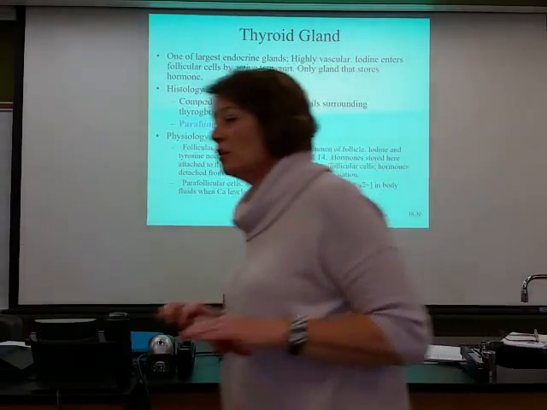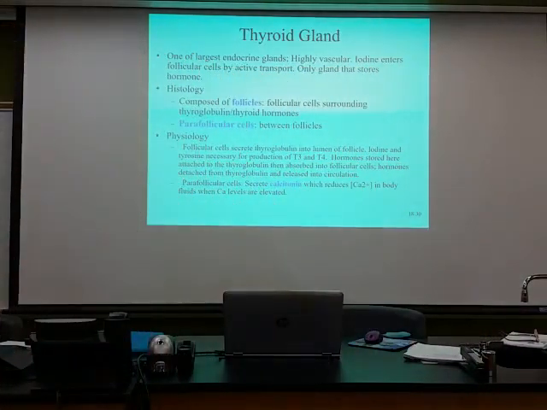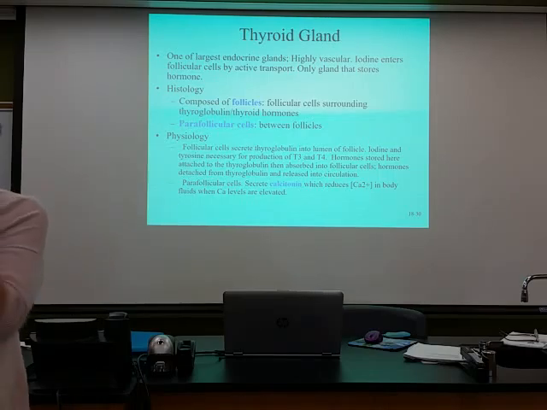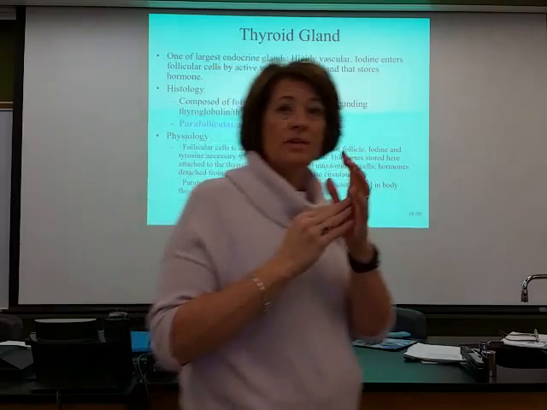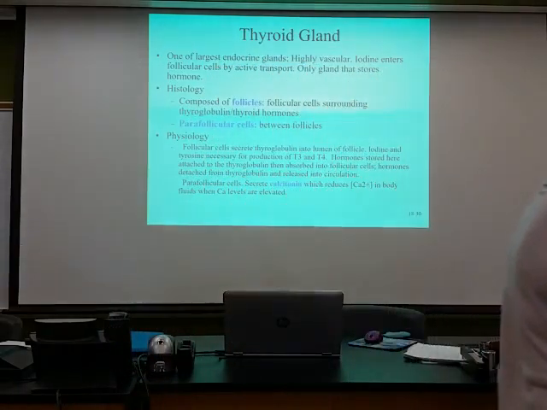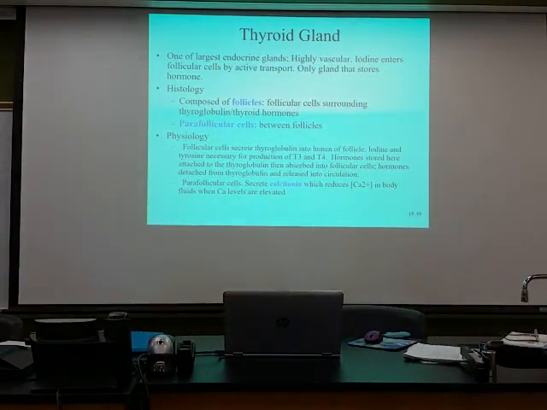About that cellular makeup, in the thyroid gland we have follicular cells, meaning that in the follicles, the circles, there are going to be cells. And then we mentioned the parafollicular cells, the ones that are in between the follicles, and the materials that they make.